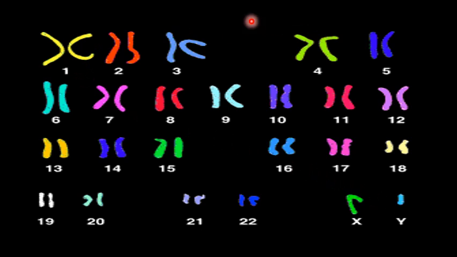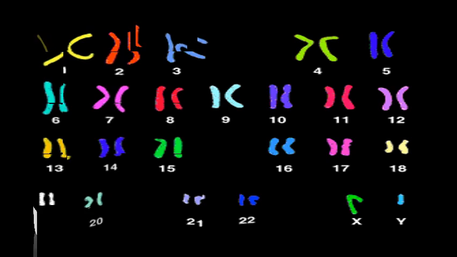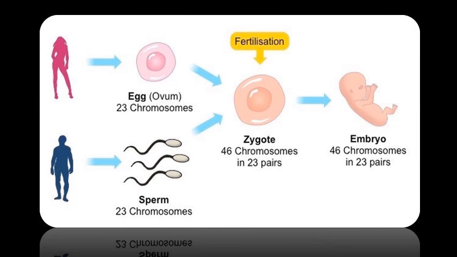So how are these 23 pairs of chromosomes obtained from the parents? You all know that in my first video I told you about the meiosis process, and I also told you that the gamete cells are nothing but the egg and sperm of an organism.